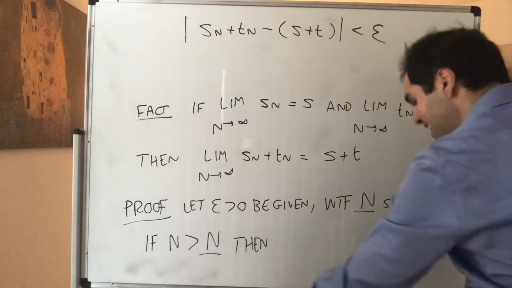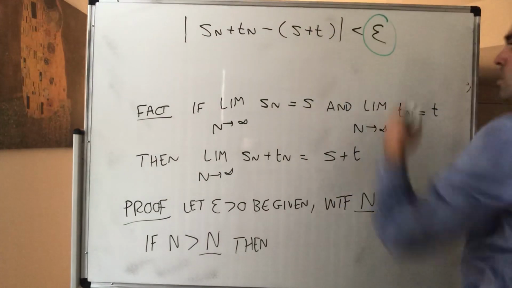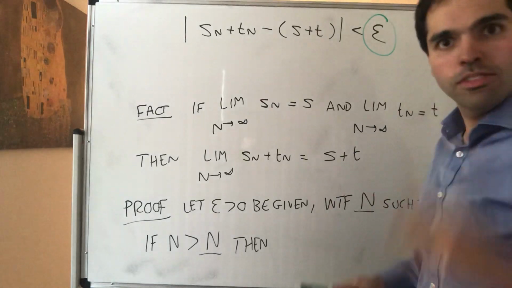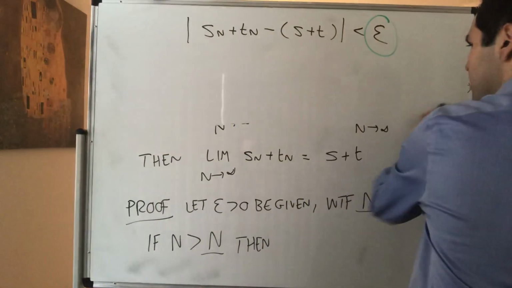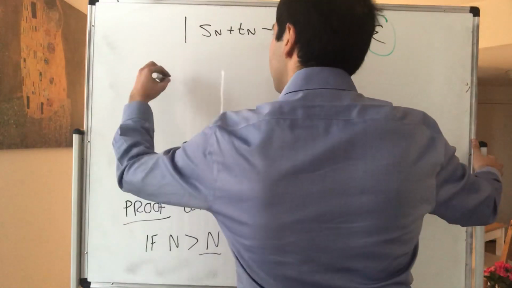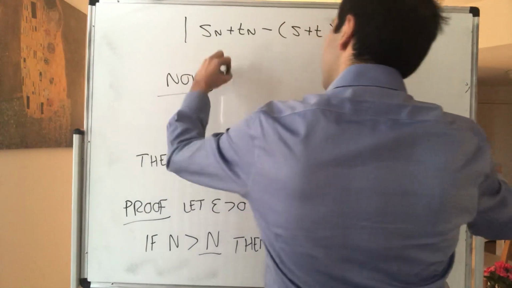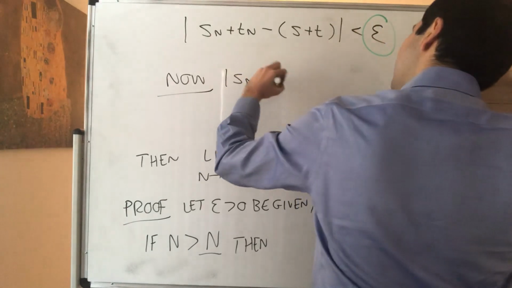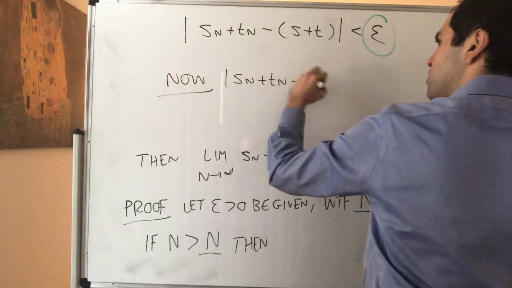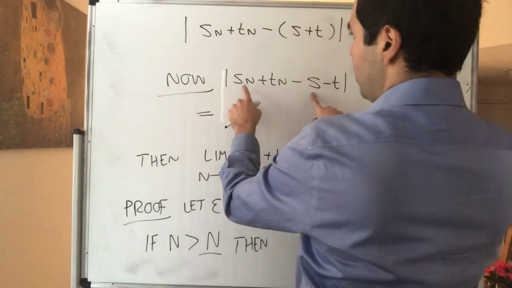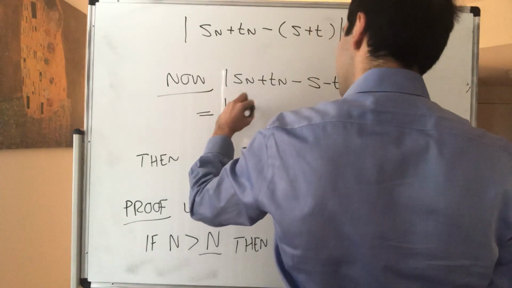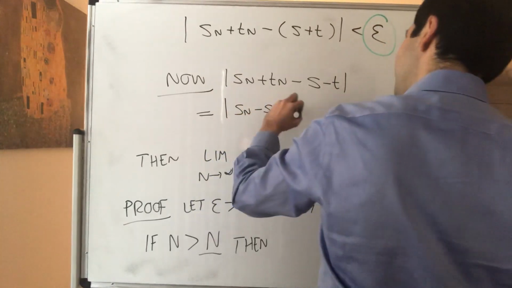So remember, in the end, we want to get epsilon. Once we see epsilon, we can stay home happy. So now let's look at this difference. Sn plus Tn minus S plus T, so if you want minus S minus T, equals, so let's put the S terms together and then the T terms together.